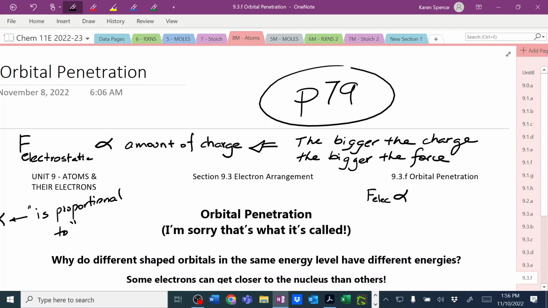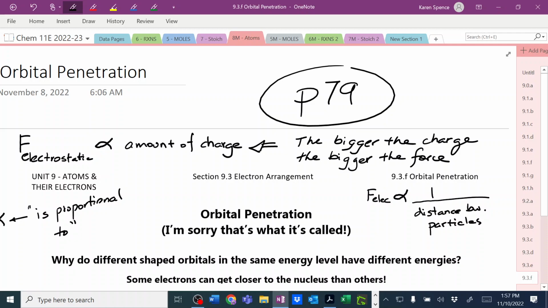The distance between the two charges. So it's proportional to 1 over the distance between the particles. And in fact, if we really want to get technical, it's proportional to the distance between particles squared, but we are not a physics class, so we're not going to get too fussed up about it.